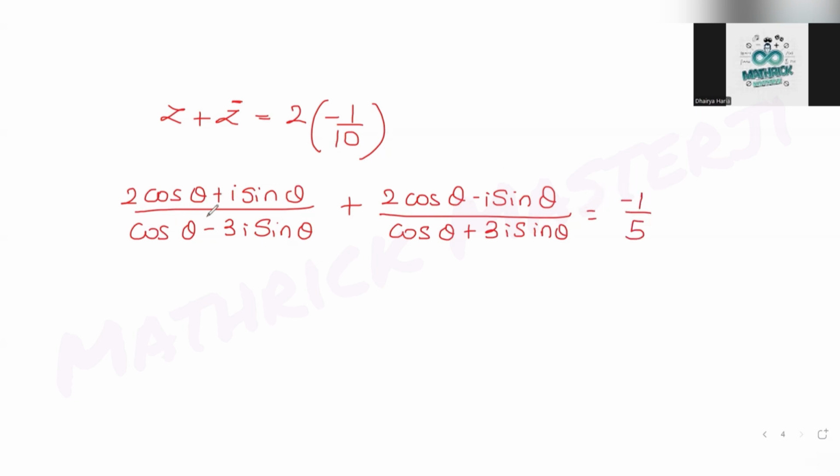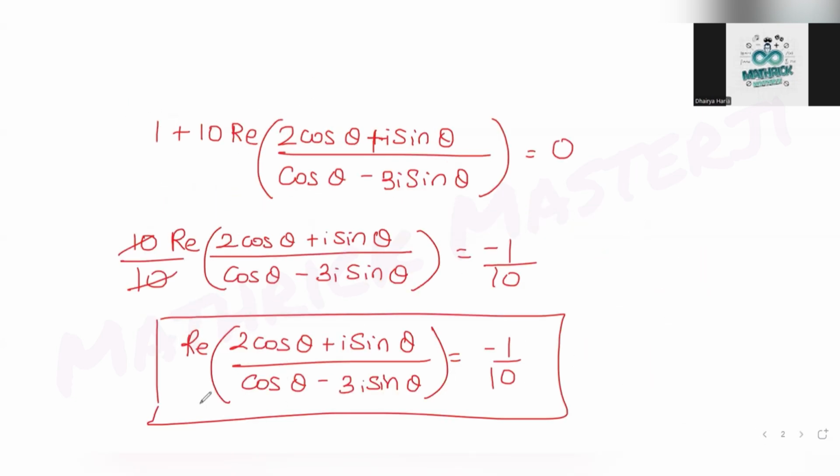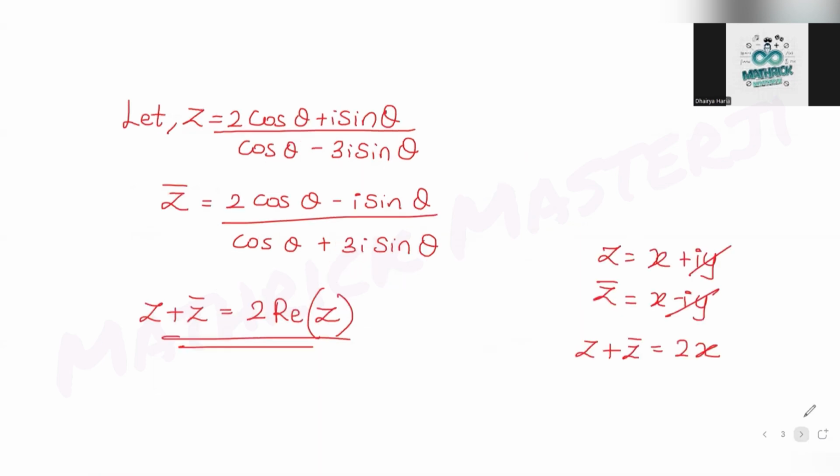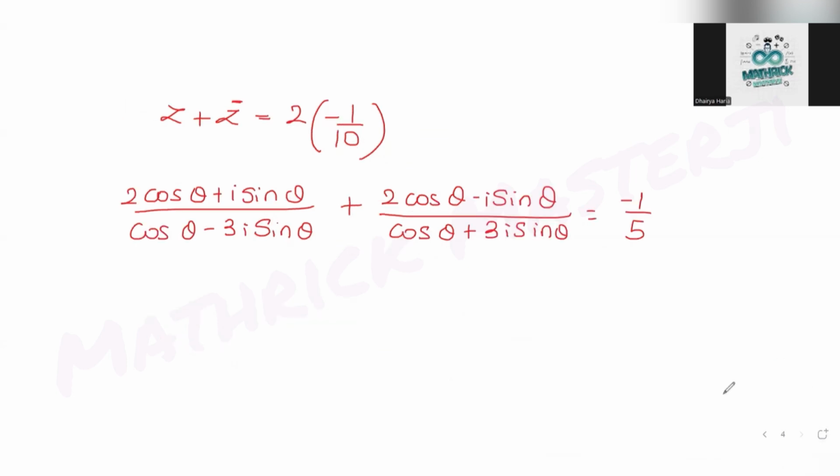I have used the real part of z given in the question, since adding a complex number and its conjugate gives 2 times its real part.